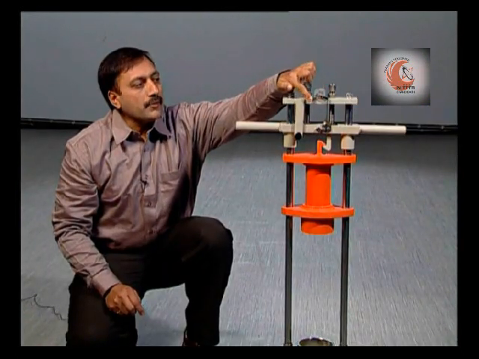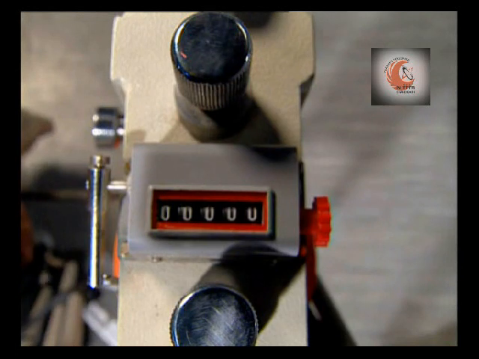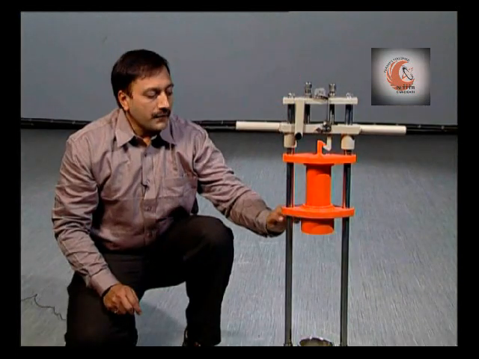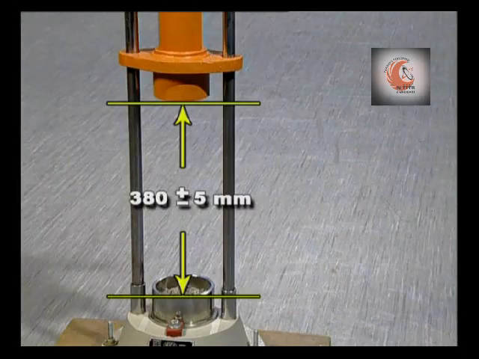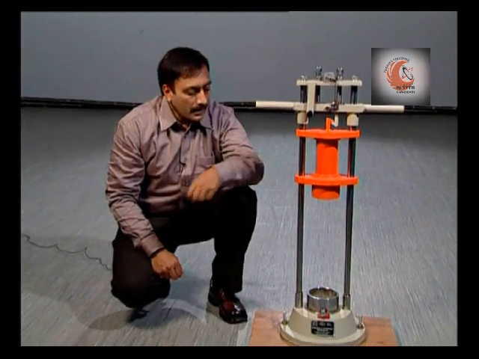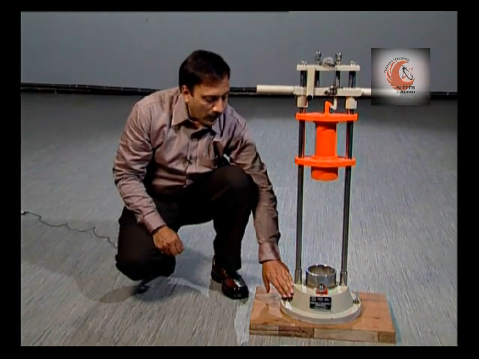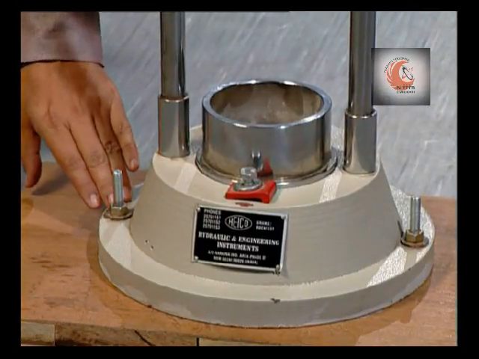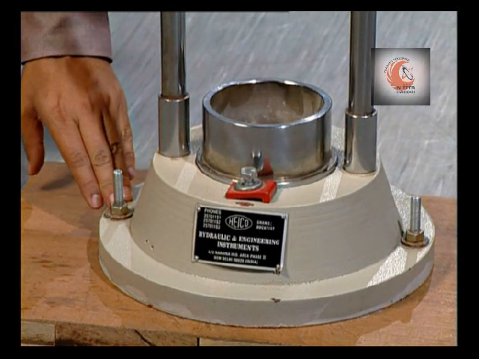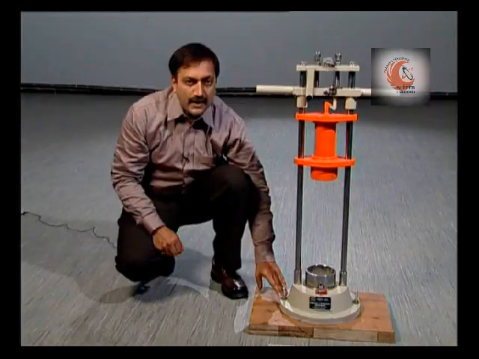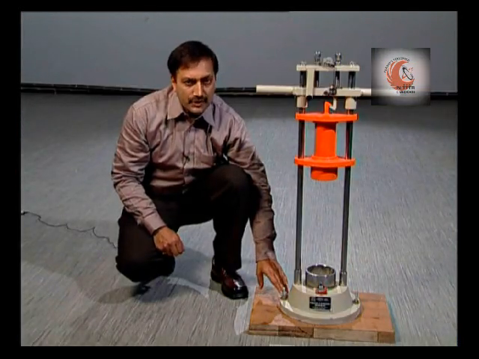A ratchet counter is provided to count the number of blows. The free fall of hammer is between 380 plus minus 5 millimeters. The machine should be fixed with a solid base, preferably of concrete, such that it is stable in position.